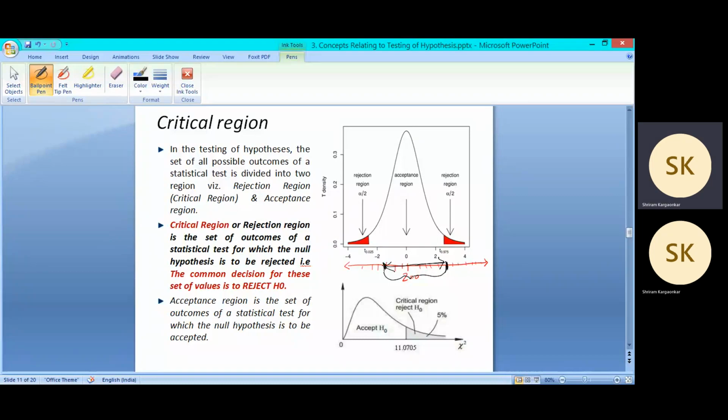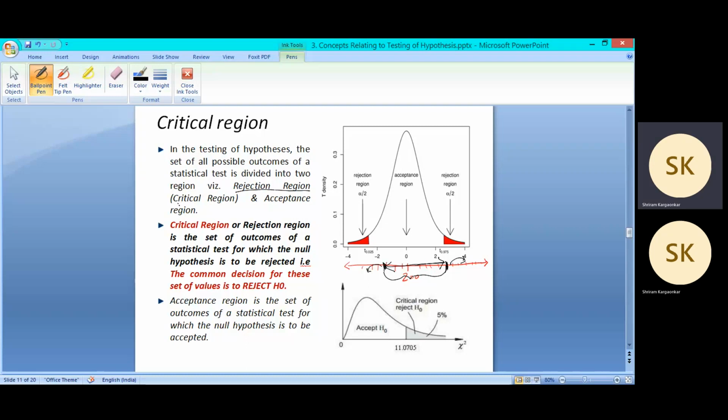And if it goes beyond this critical value, then it is rejected. This is the concept. Now let's understand it thoroughly. In testing of hypothesis, the set of all possible outcomes of a statistical test is divided into two regions.